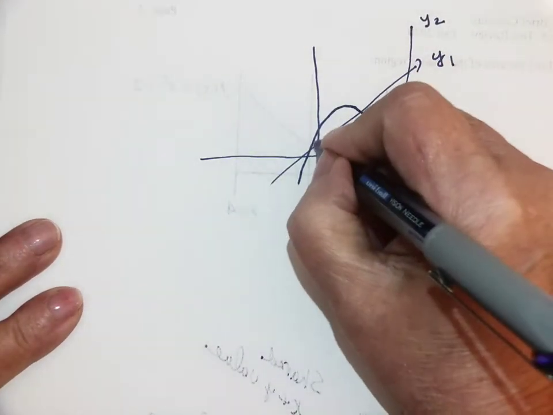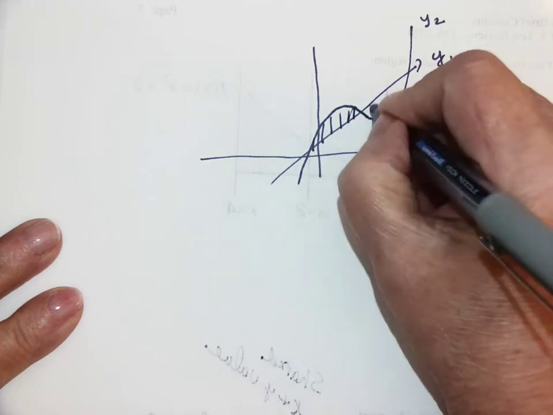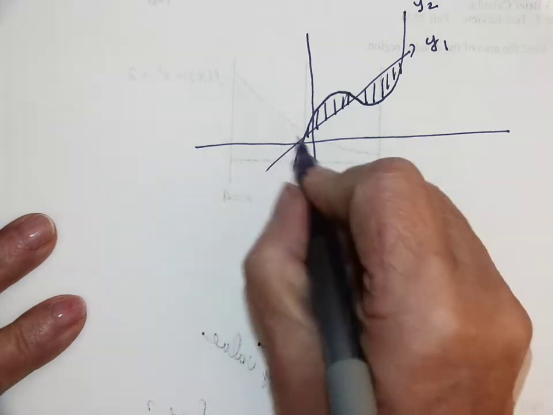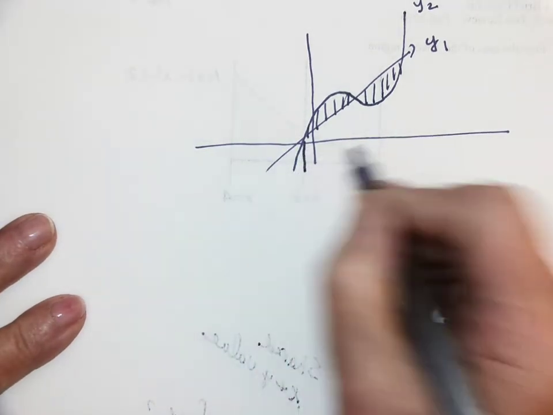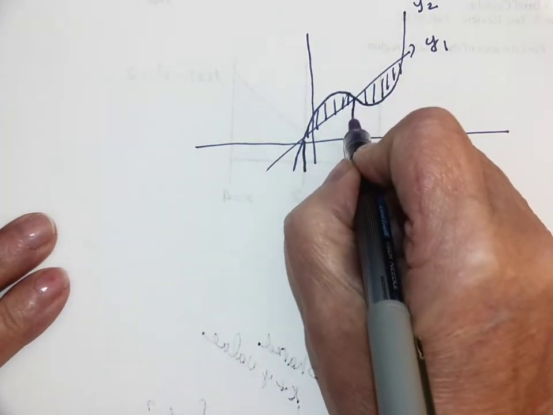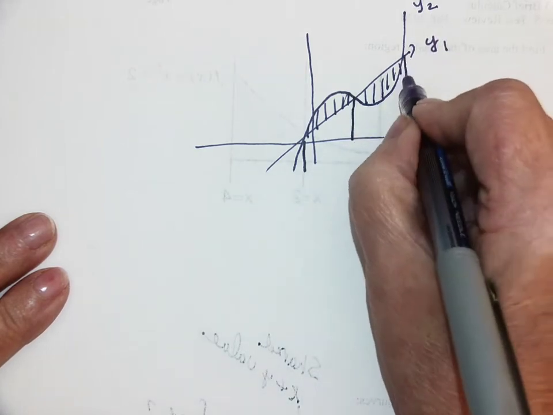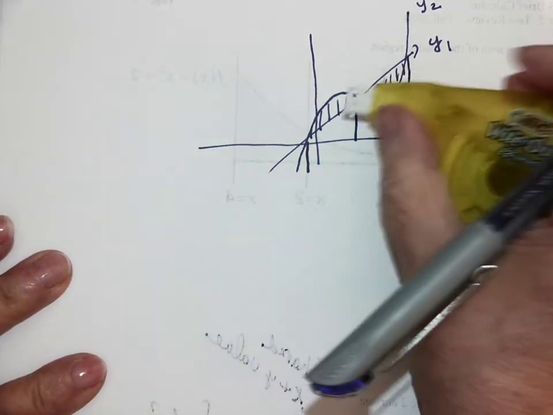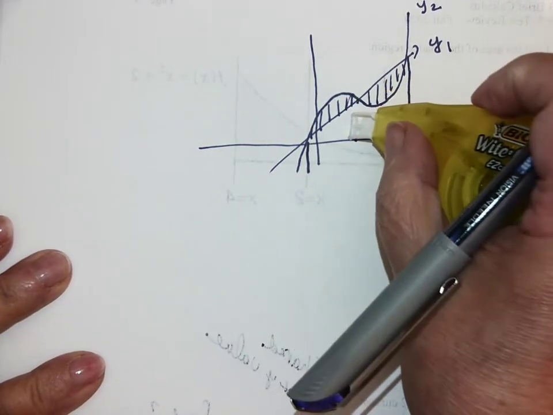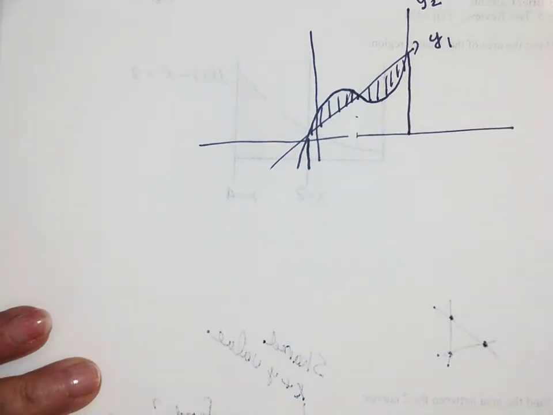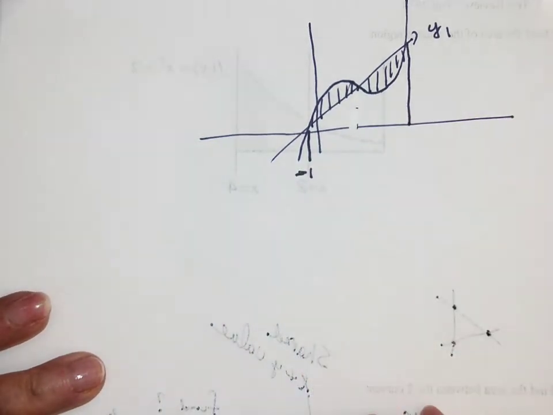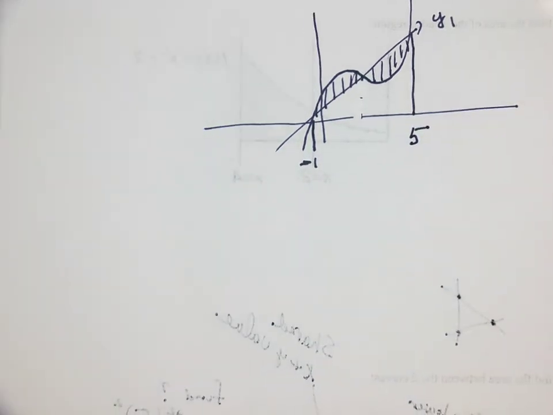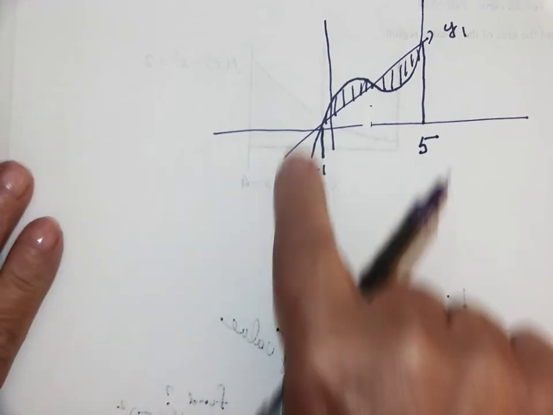And this is what I want. Now, I'm going to make up some values as I come across. Normally you would take a look at this, and this maybe is going from -1, which looks reasonable, to 5. And I want to find this area.